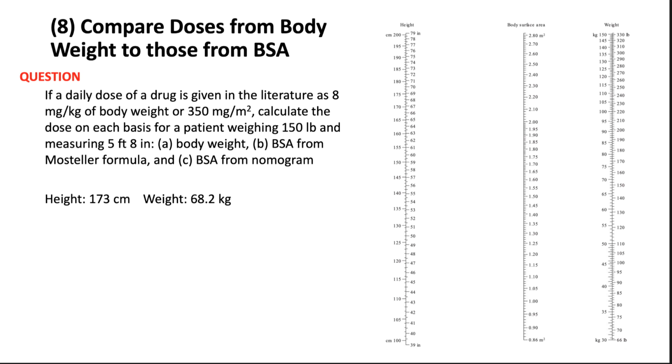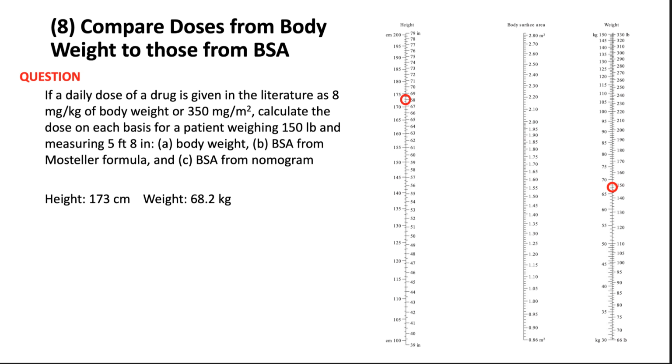So the first thing that you're going to want to do is draw a circle corresponding to the patient's height. And we said this patient has 173 centimeters in height. So I put my circle right about where I think 173 would be on the left-hand side of the height scale. All right. The next step is to find their weight on the right-hand scale. And we said this patient was 68.2 kilograms. So you can see I drew my circle kind of close to where the 68.2 would be.